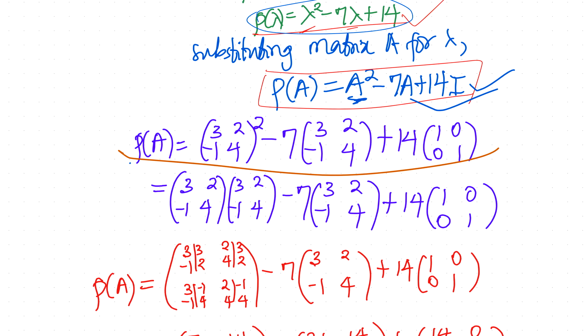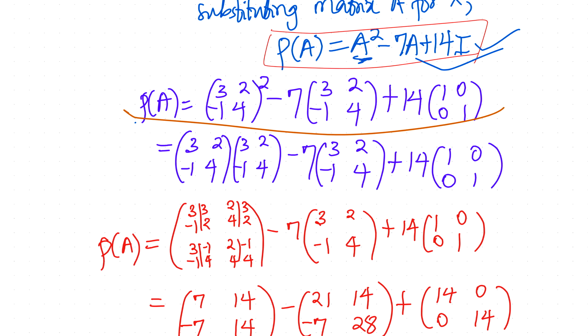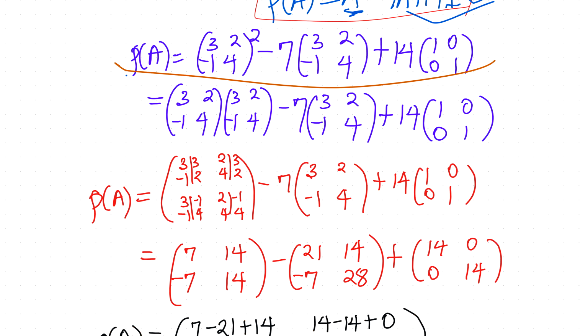So the next thing is, because this is in 2 rows, you have 3 minus 1 twice, and you have 2, 4 twice. Then you come back and invert 3, 2. We've done this a couple of times. So 3, 2 also on the first row, minus 1, 4 on the second row, then you multiply and add.